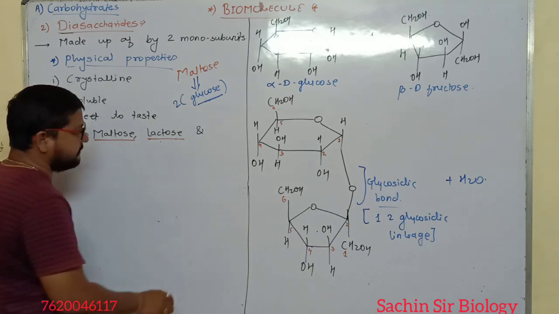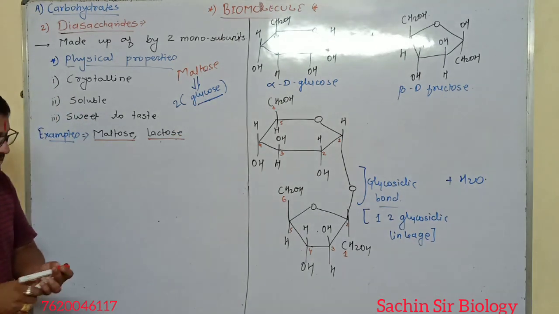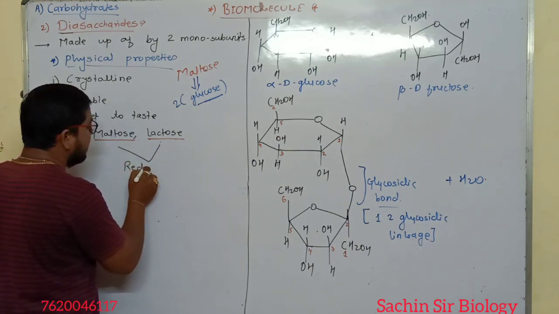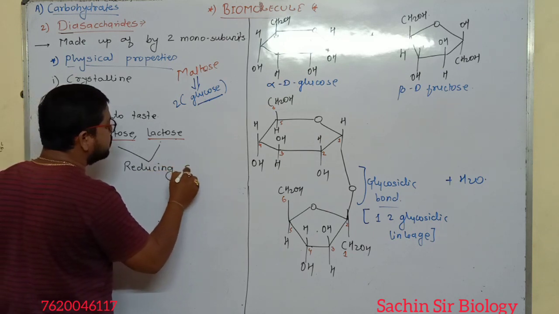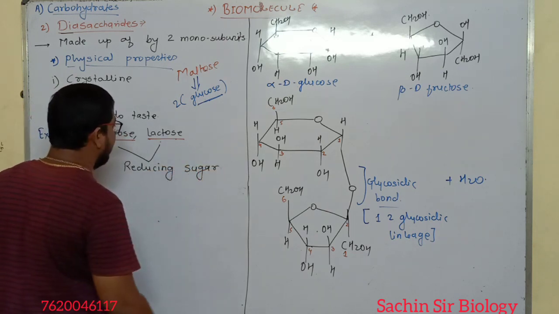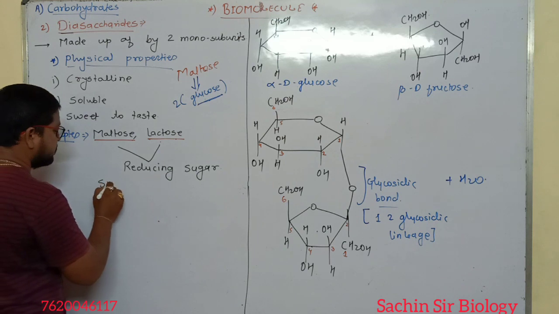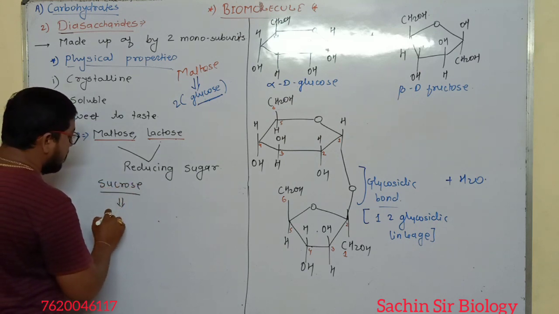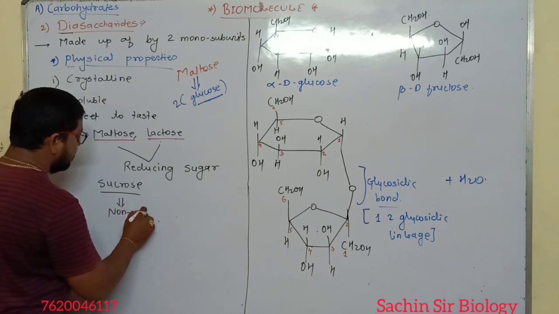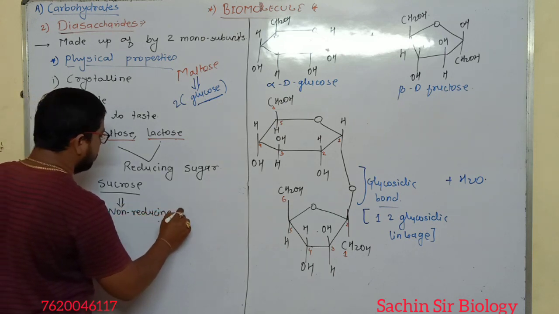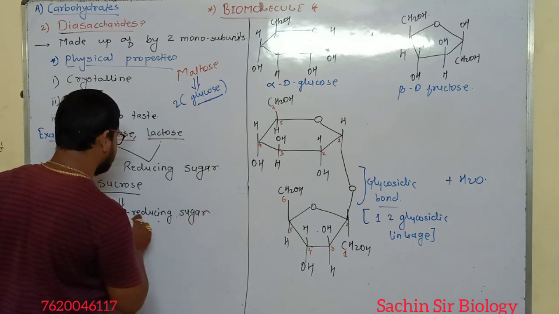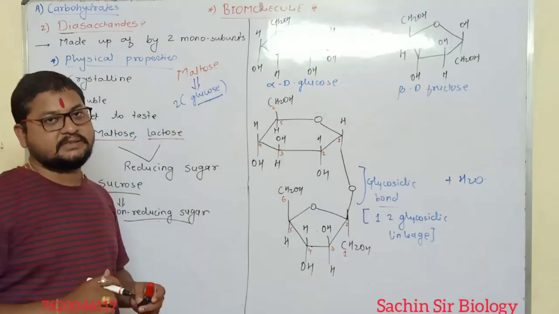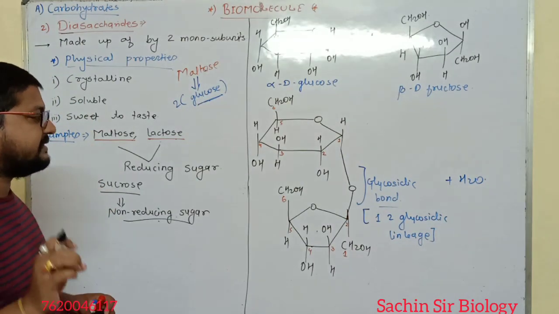See, maltose and lactose are called reducing sugars, and sucrose is called a non-reducing sugar. Why? Sucrose is also a disaccharide. It's a very simple answer if you see the structure properly.